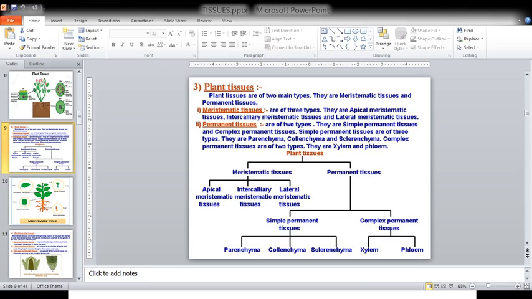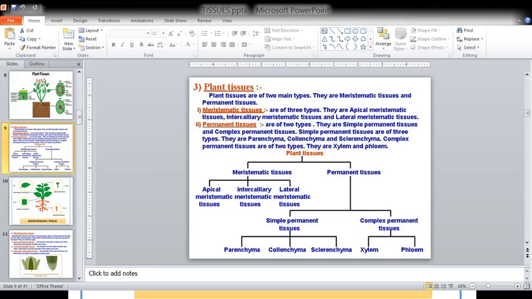Clear? Okay. So here we have completed our second session, in which we have learned that in meristematic tissues rapidly dividing cells are present. Meristematic tissues are also called growing tissues. In meristematic tissue there are 3 types: apical, intercalary and lateral.